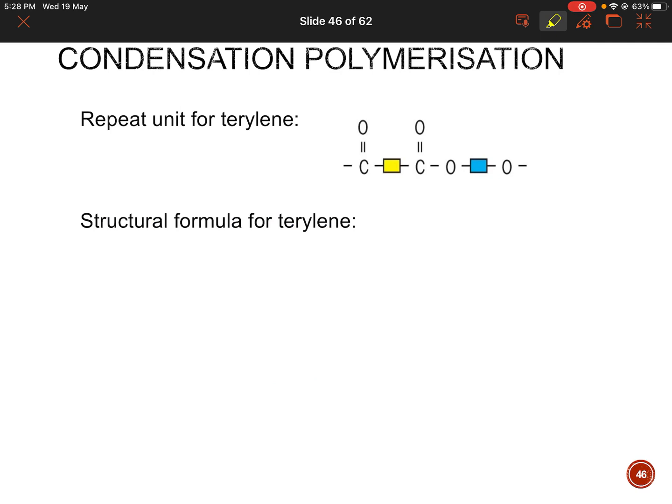So the repeat unit will be each of the monomers without the water molecules. The structural formula once again will be the repeat unit, okay, with the n. Okay, earlier I didn't mention my dangling bond. Don't forget my dangling bond because it represents that there are other molecules that are attached to it to form a very long chain.